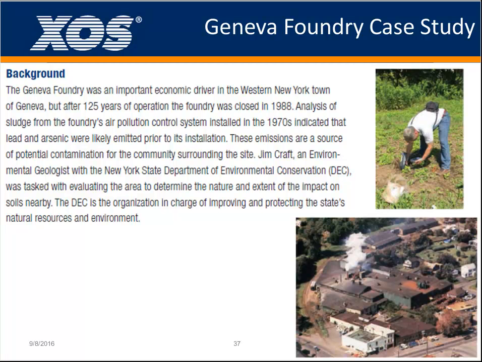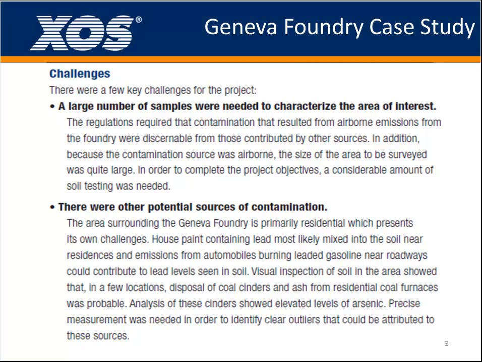Next slide, please, 38. There are a few key challenges for the project. First, a very large number of samples are needed to characterize the area of interest, because this is a very big area, and there can be a lot of contamination sources.